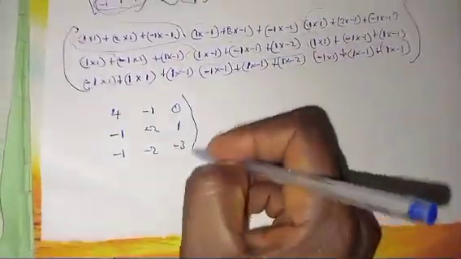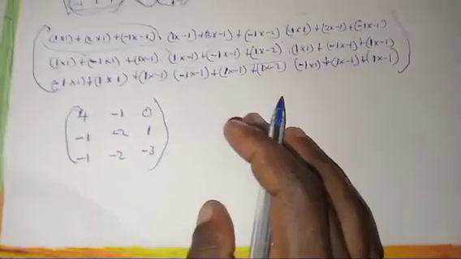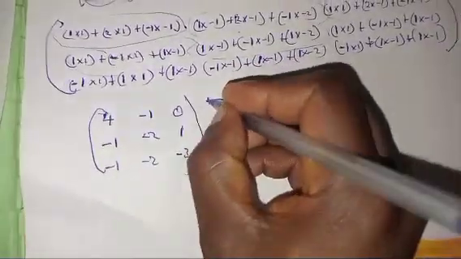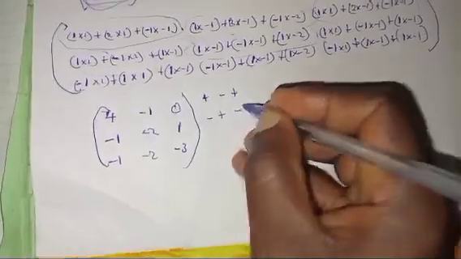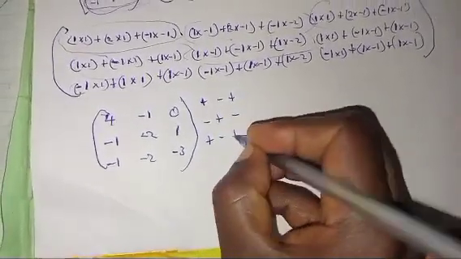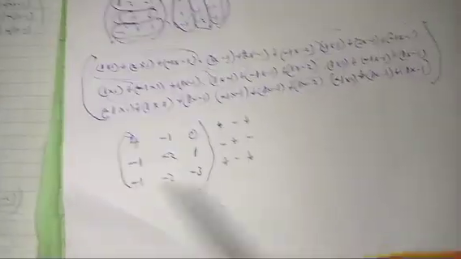Then you put these signs here: positive, minus, positive, positive, minus, positive, minus, positive. They will assist us to know which signs come before.